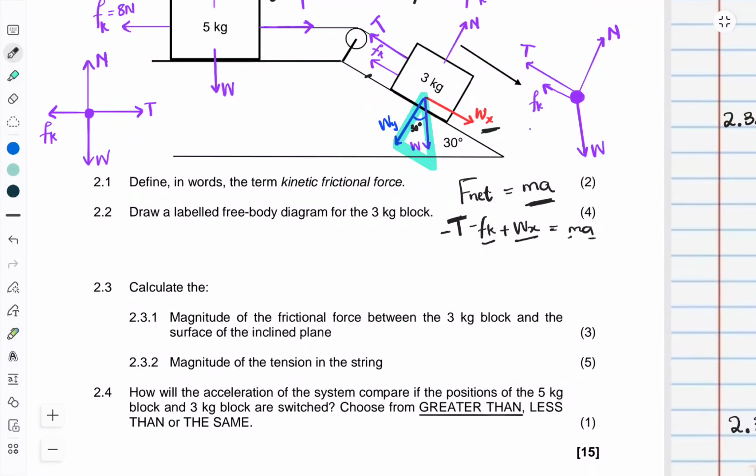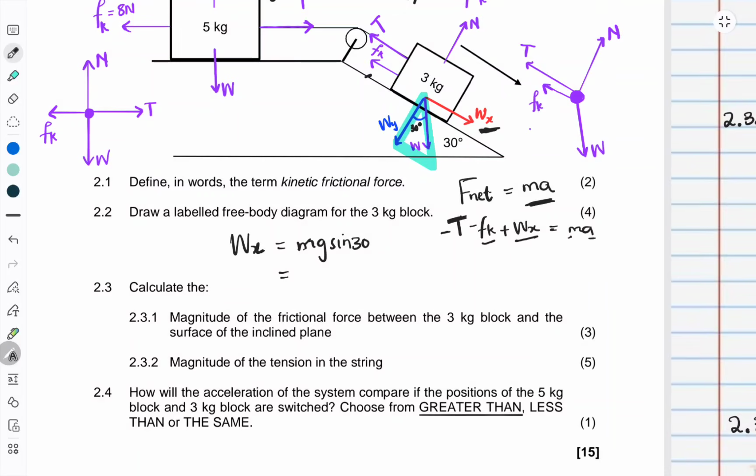So if you take the 5 kilogram block and you put it there, and we want to calculate the Wx for that, it's mg sine theta. We're calculating Wx now for the 5 kilogram block if it was put where the 3 kilogram block is. It's mg sine 30 degrees.